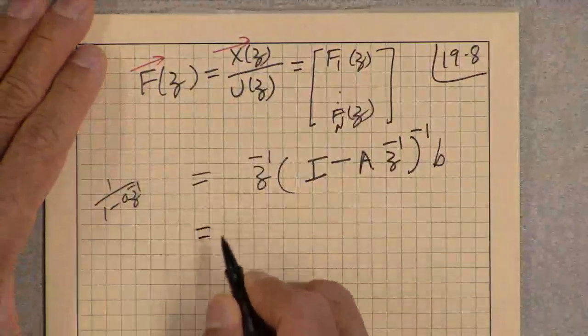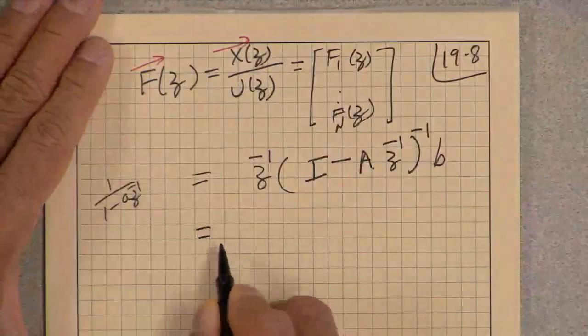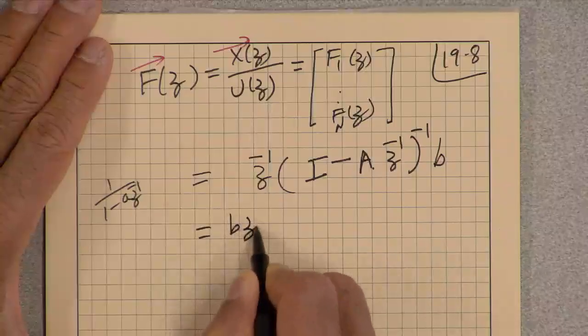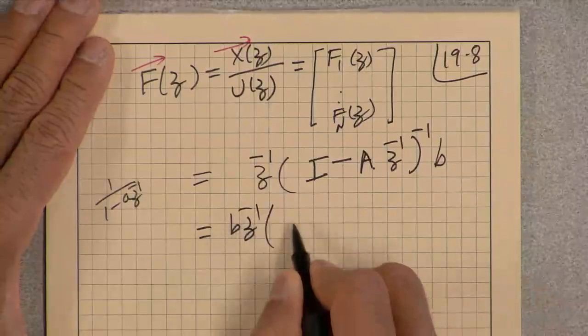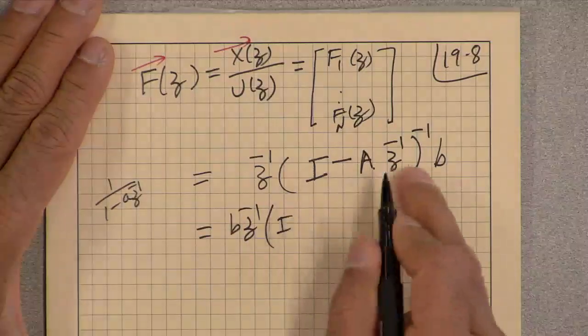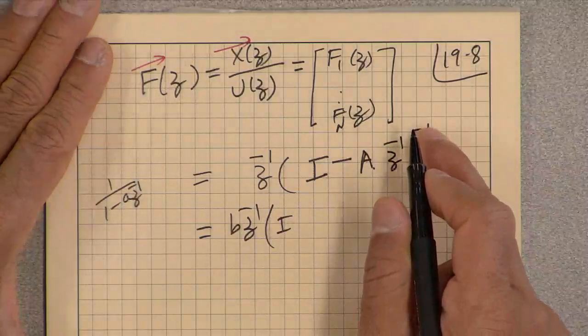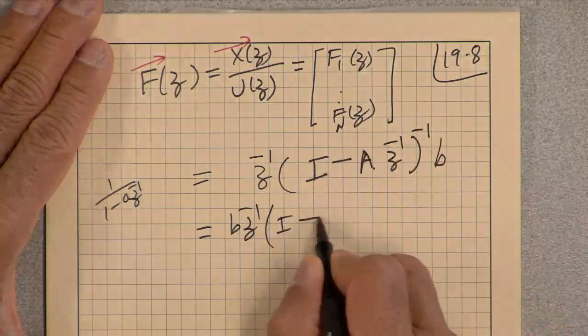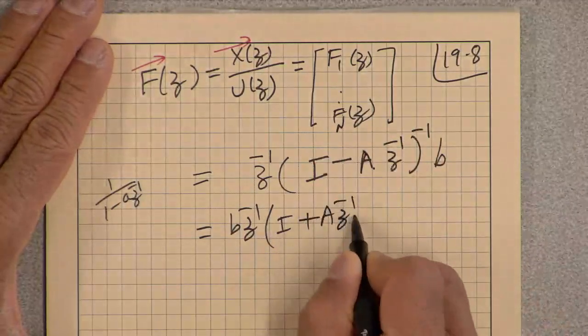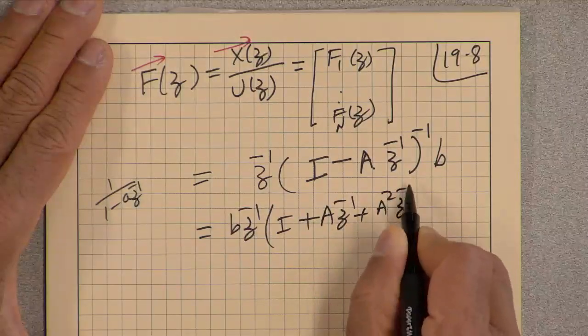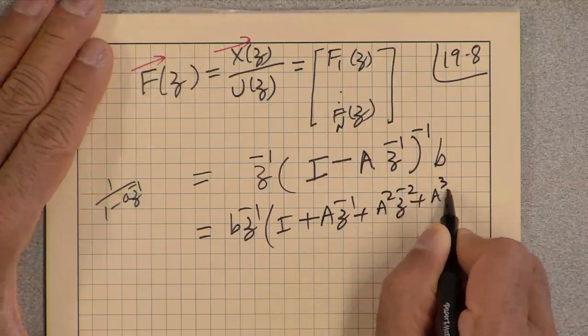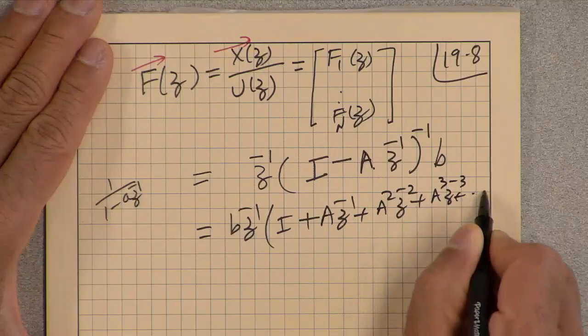So this is going to be equal to b z to the power minus 1 times, by the same formula, 1 over 1 minus x is 1 plus x plus x squared plus x cubed. That's the infinite geometric series.